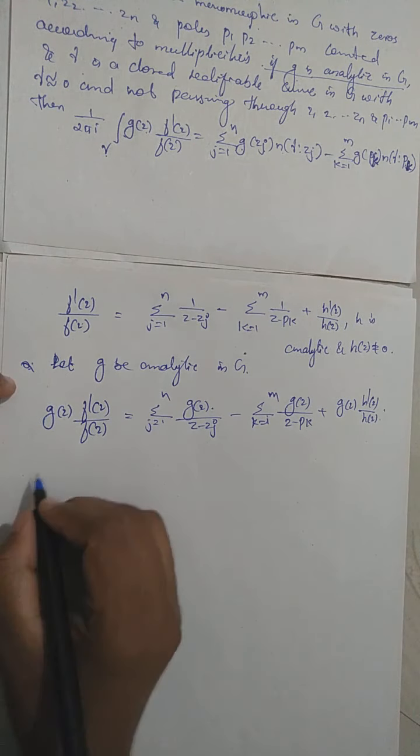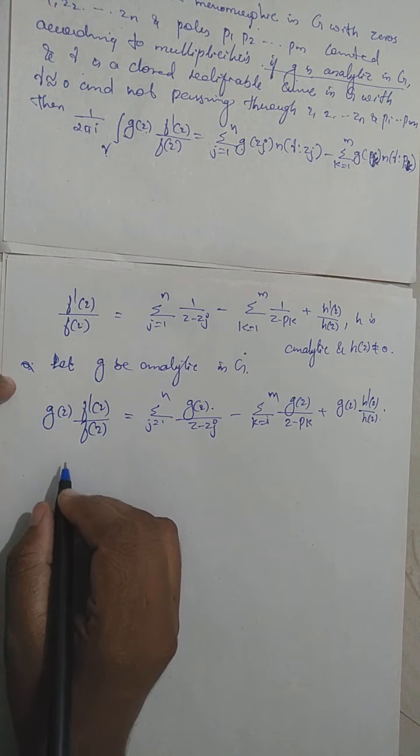Okay, then you multiply by 1 by 2 pi i and integrate along the curve gamma.